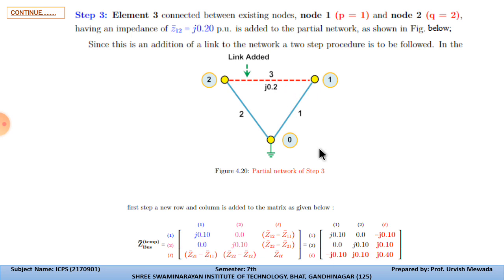0.2, so Z12 is 0.10 minus 0.2, so it is j0.10 over here. And this is the Z21, so this is the link, that's why it is 0.